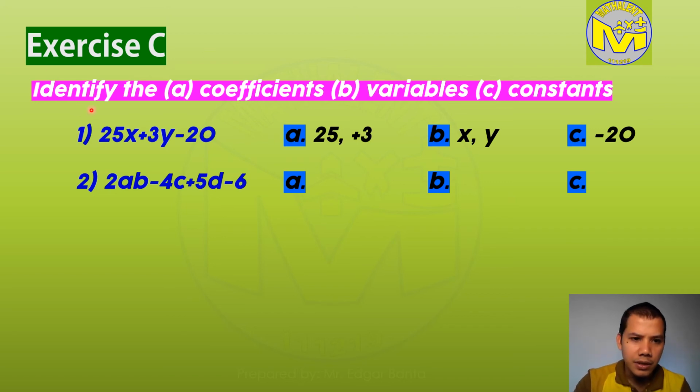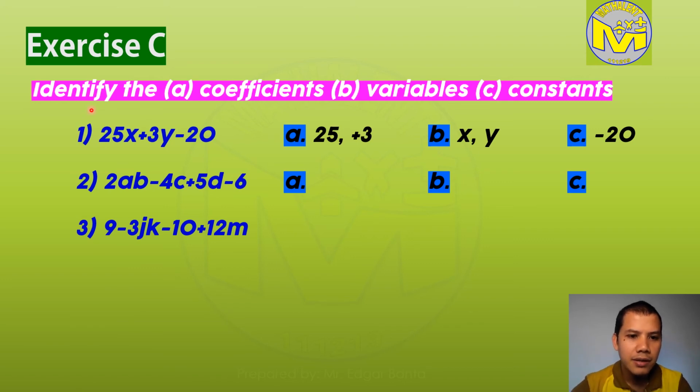Let's go to number 3. The expression in number 3 is 9 minus 3jk minus 10 plus 12m. So, how many terms?